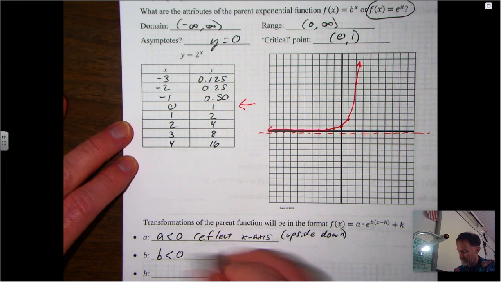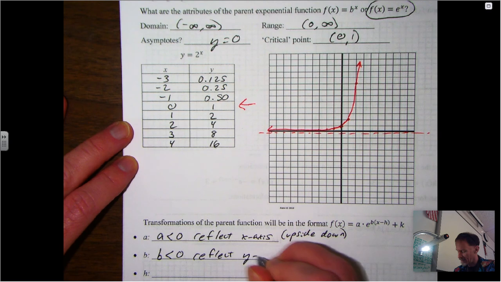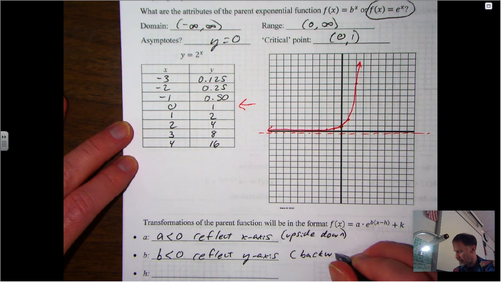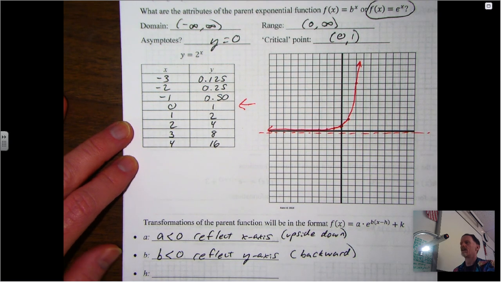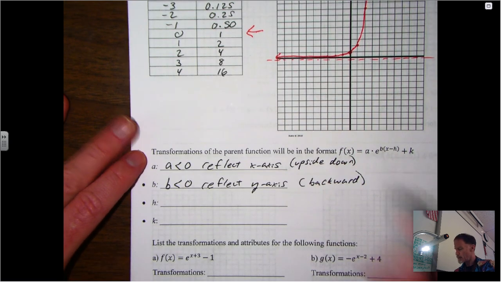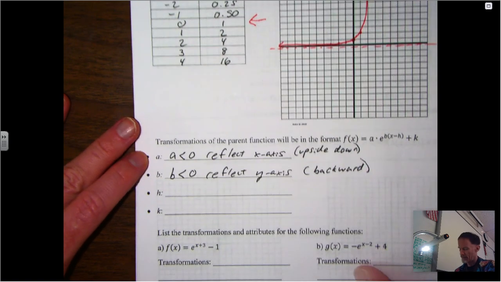If b is negative, it's a reflection across the y-axis, which just means it's going backwards. That's also the decay function. So if you've heard of radioactive decay and stuff like that, that's where the b value is negative. That's where you have a negative exponent. Okay, and then the h and k values, those are normal. Those are just your shifting left and right.